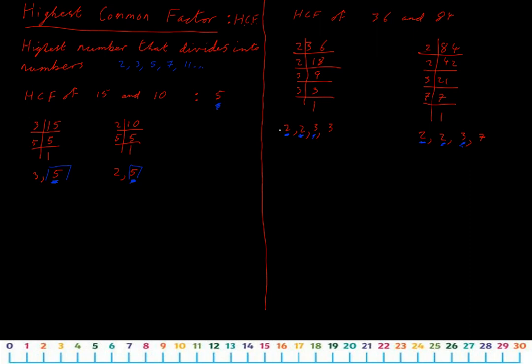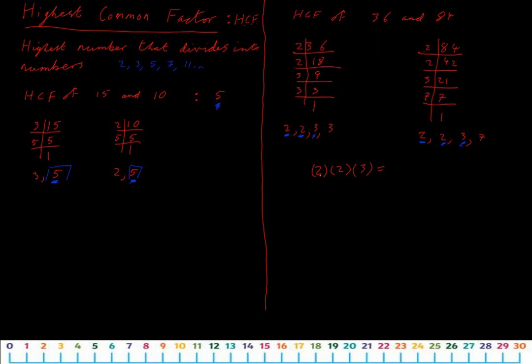So let's list out our common factors, our common prime factors. The common prime factors are going to be 2, 2, and 3. Those are our common prime factors between 36 and 84. So if we multiply them together, remember we use brackets now for multiply, not our x's that we might have used before.